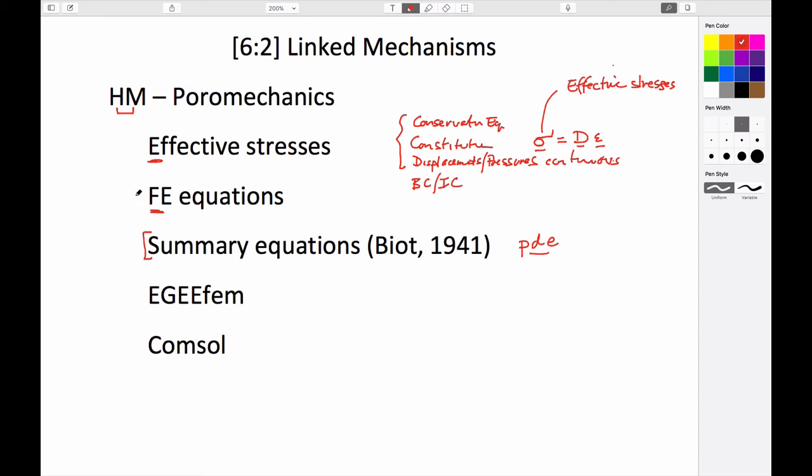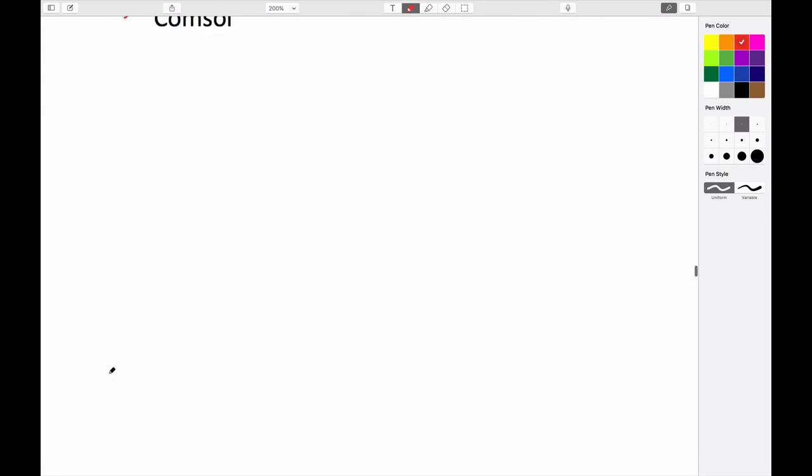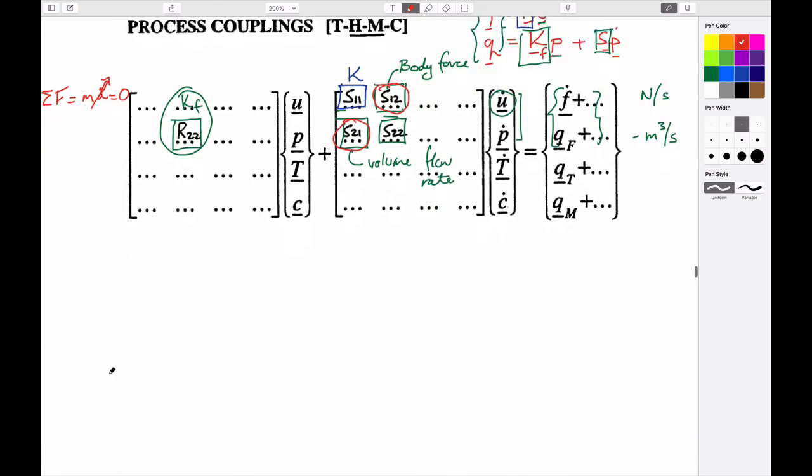We could directly implement them using the finite element equations that we've developed in EGE-FEM. Or, as COMSOL works, we could also implement them directly using the PDEs in COMSOL. So the implementation is slightly different depending on those two things, and we'll talk about both of them. Maybe not all today, but ultimately we will. Okay, so that's the picture.